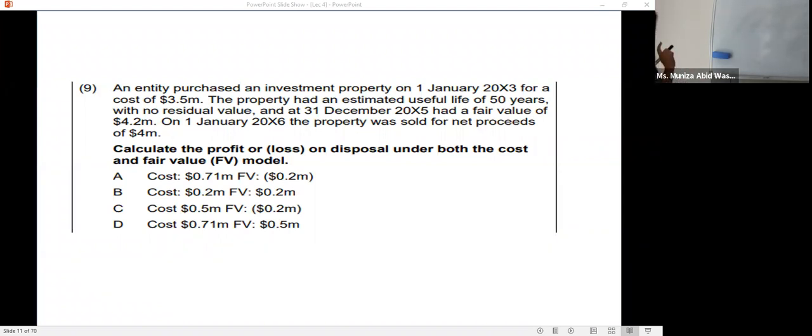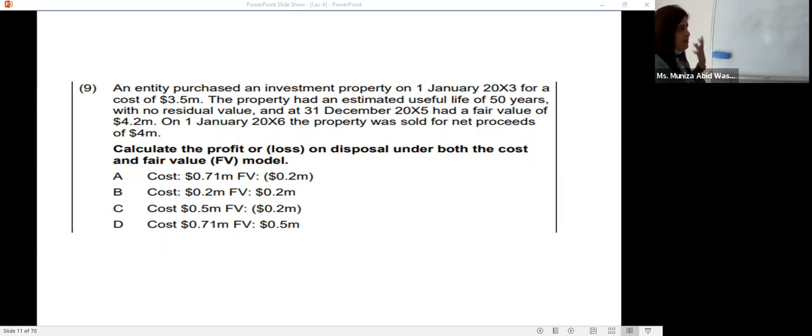So which two values do you have to compare in order to calculate gain or loss on disposal? Carrying value and sale value. So calculate the profit or loss on disposal under both the cost and fair value model. An entity purchased an investment property on 1st January 2003 for a cost of 3.5 billion. Okay, so it's IAS 40.